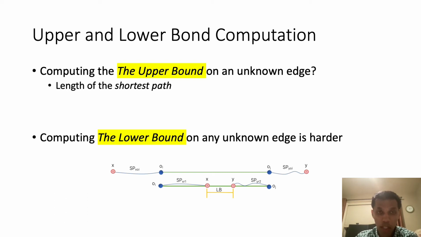Here you can see X is being folded onto OI and OJ, and the shortest path from OJ to Y is folded onto the edge YOJ, and the remainder is the lower bound. And then you will have to calculate these values for each of the known edges in the graph in order to find the best lower bound.